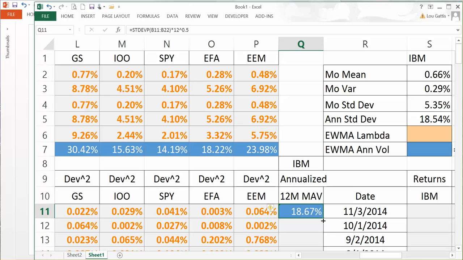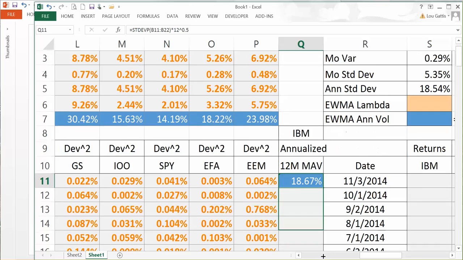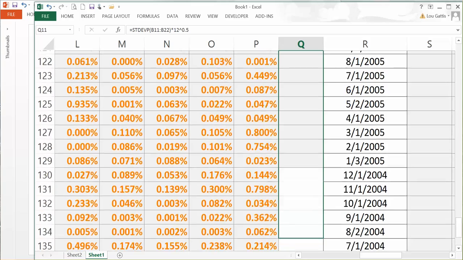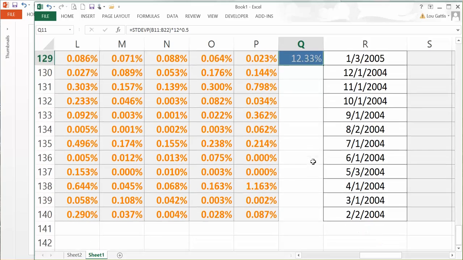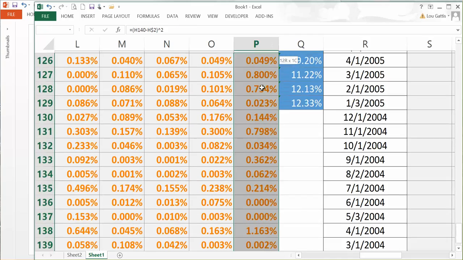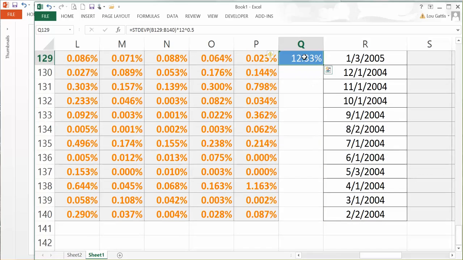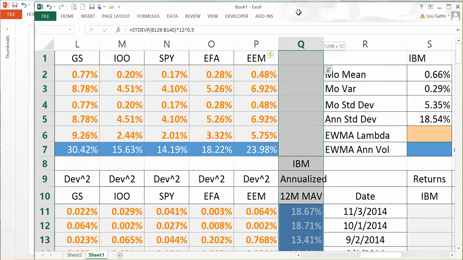To get a moving average 12-month volatility, I'll move it. So now each one of these numbers is going to be the last 12 months' volatility. I'll stop it before I get to the bottom because I'm going to run out of data. So if I take a look at this series here, I'm just going to graph that real quickly. This is IBM's 12-month moving average volatility.